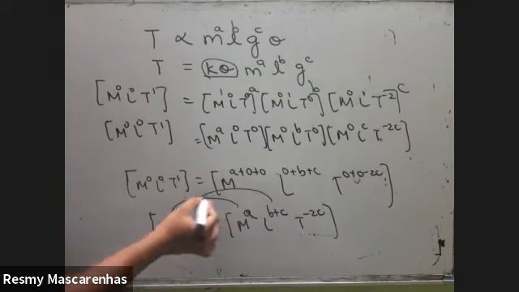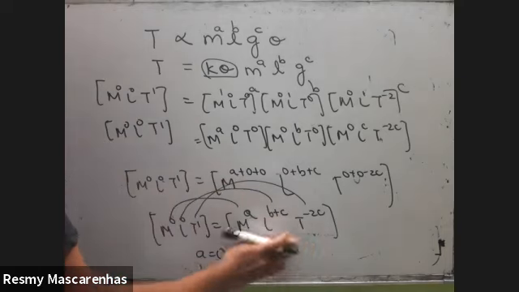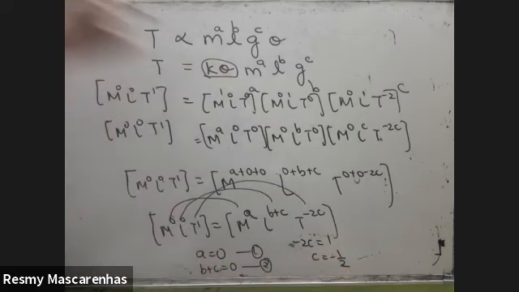M to M, A is 0, B plus C is 0, minus 2C is minus 1. 1 upon minus 2, which will be same as minus 1 by 2.